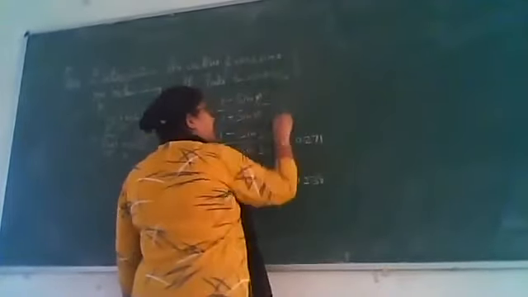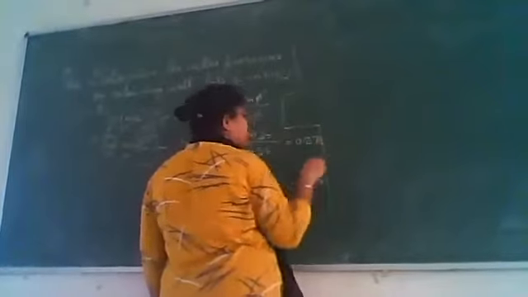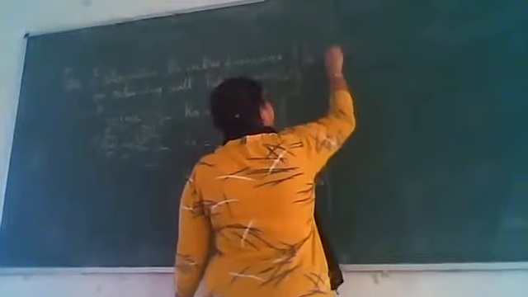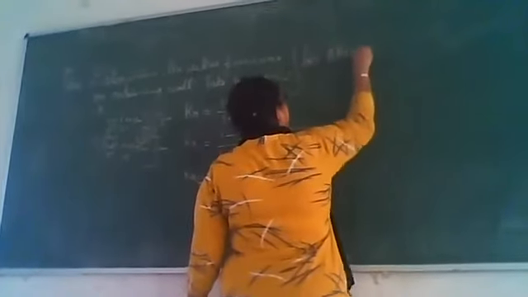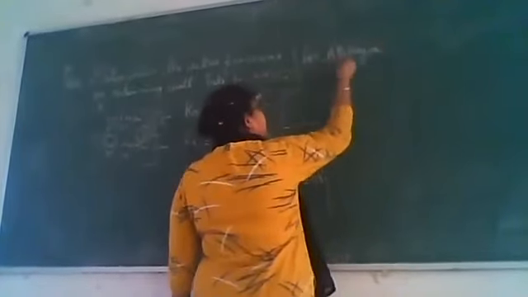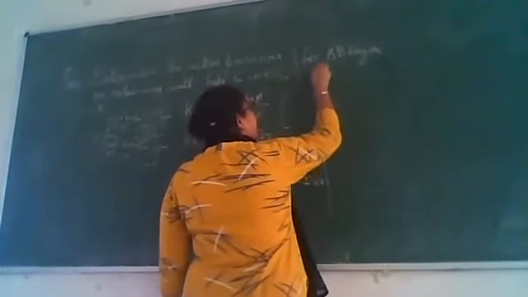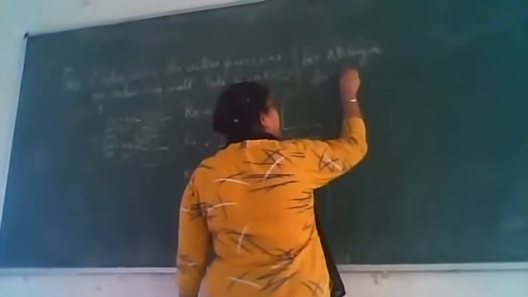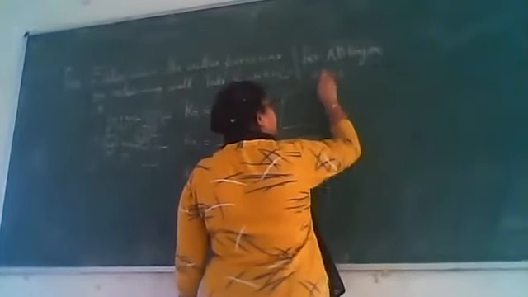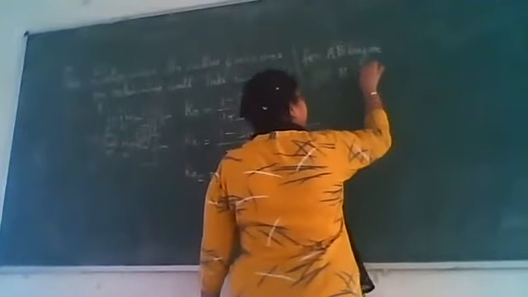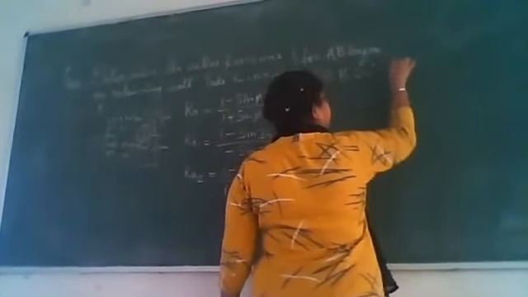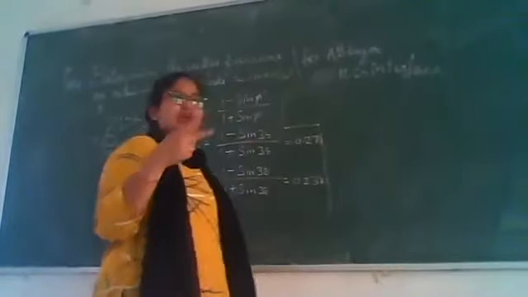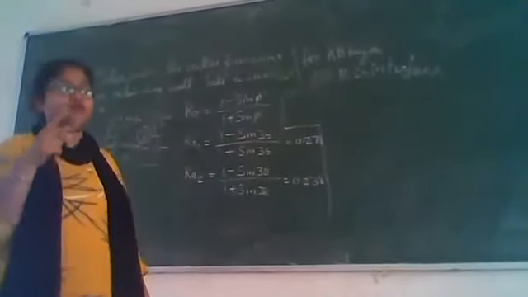Next, in this type of question, we are calculating for the A, B layer. B is the interface, where we have two different types of soil.